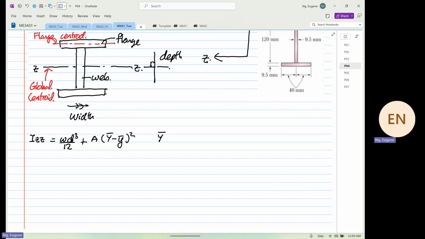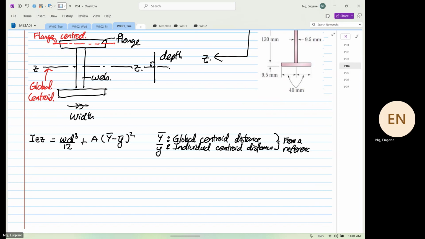So big Y bar is the global centroid distance, and small y bar is the individual centroid distance. And both of them are from a reference location. The reference location can be either at the top or at the bottom. Okay, so let's calculate IZZ then.